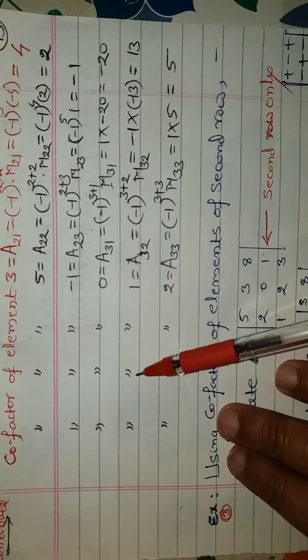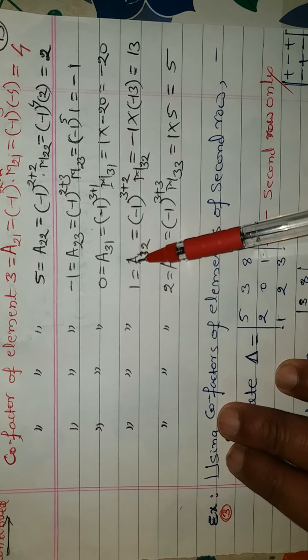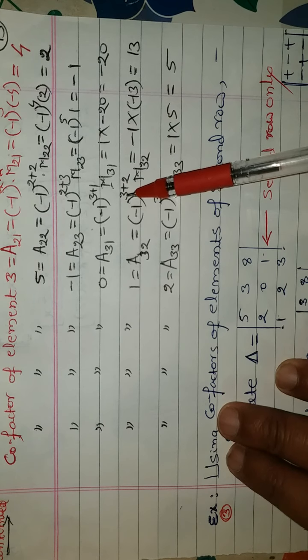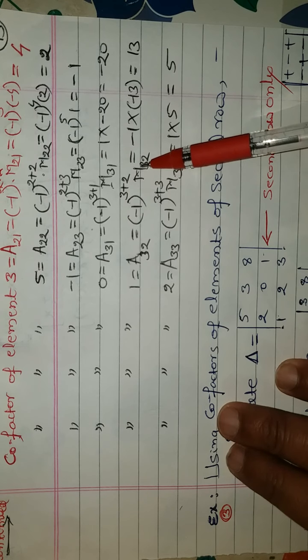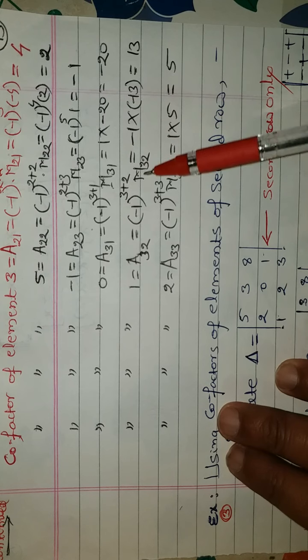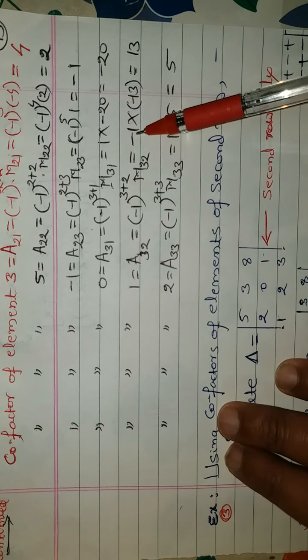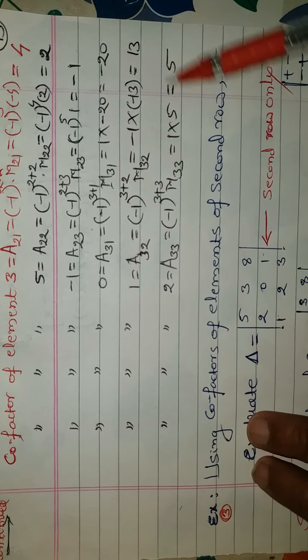Similarly, the cofactor of the element 1, which is in the A32 position, is denoted by A32, minus 1 to the power of third row, second column, into the minor of the A32 element, which is minus 13. Hence minus 1 to the power of 5 equals minus 1 into minus 13, which gives plus 13.